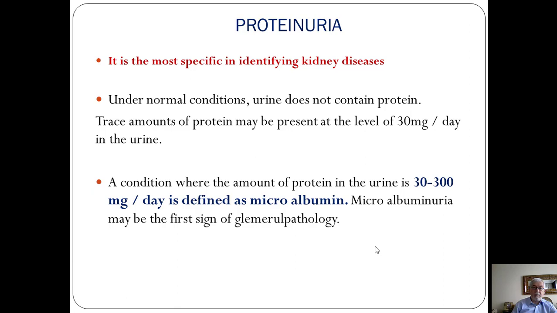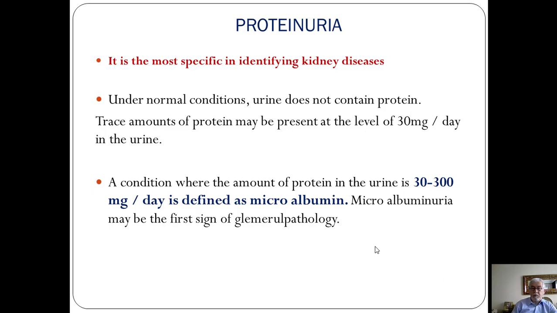Sometimes a trace amount of protein may be present at a level of 30 milligram per day in the urine. But in practice we accept that urine does not contain protein.